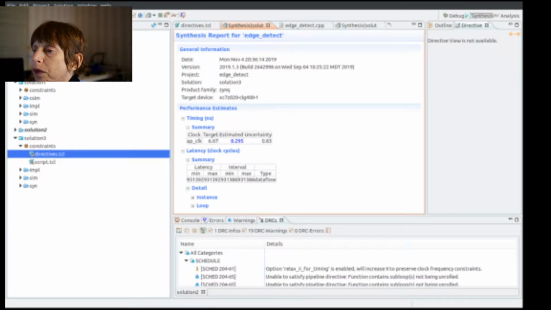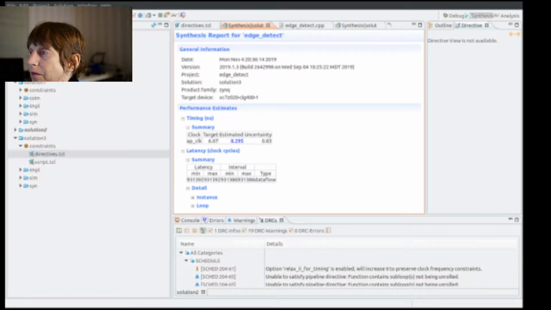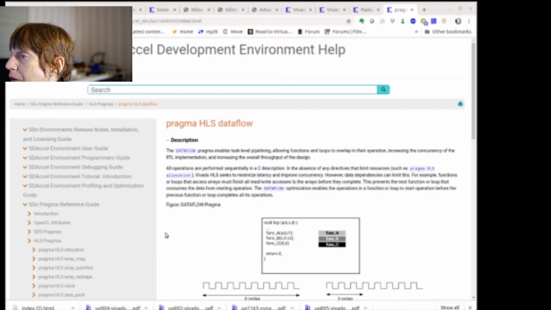So, it is, at any rate, there are two different ways of doing it. So they have two different pragmas, data flow and pipeline. So data flow is the one they told you to use, and it allows functions and loops to overlap. Again, this is a way of multitasking.